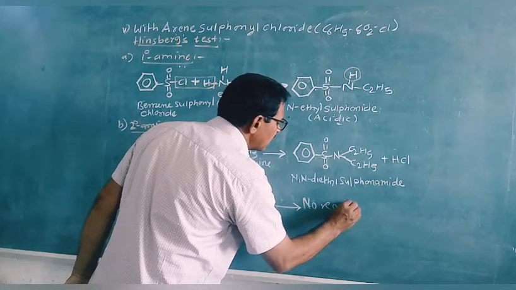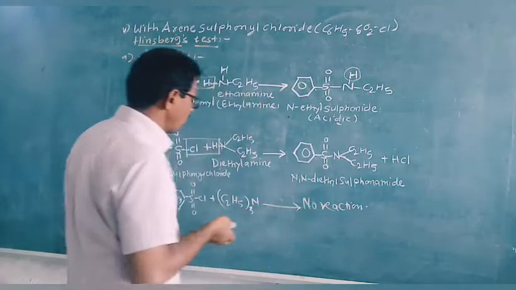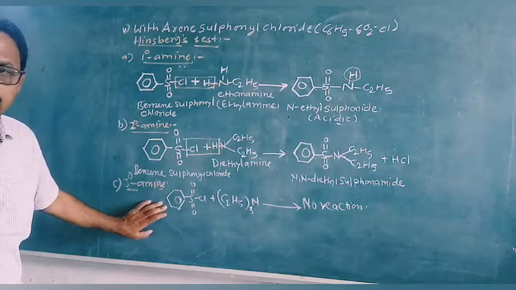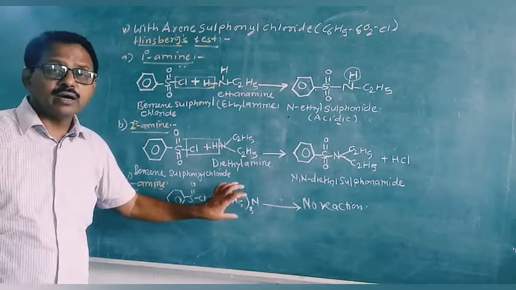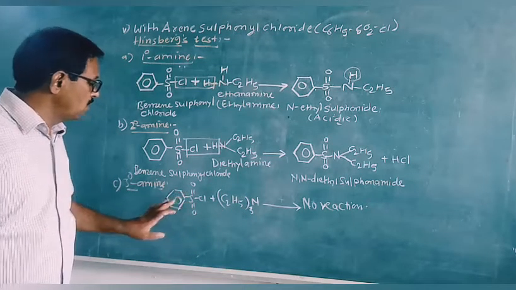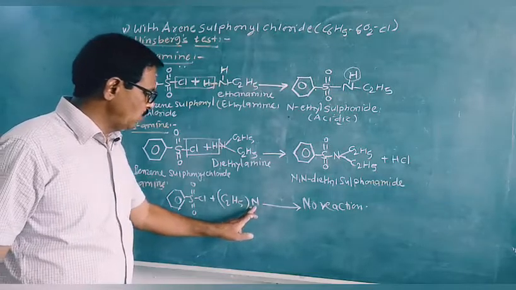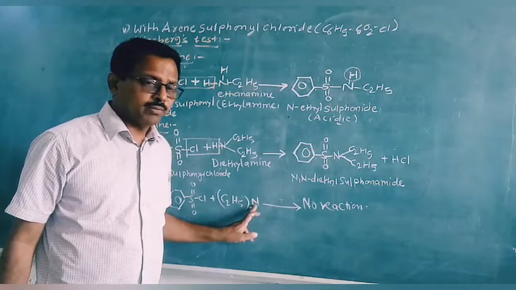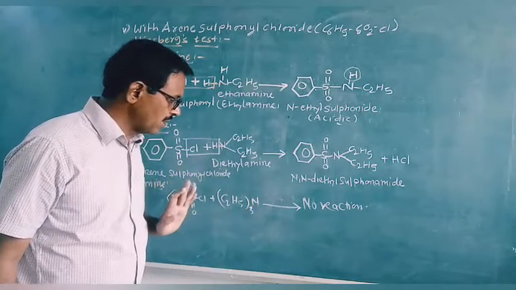No reaction. Why is there no reaction of triethylamine with benzene sulfonyl chloride? Because tertiary amines do not react with benzene sulfonyl chloride, as they do not contain a replaceable hydrogen atom on the tertiary nitrogen atom.